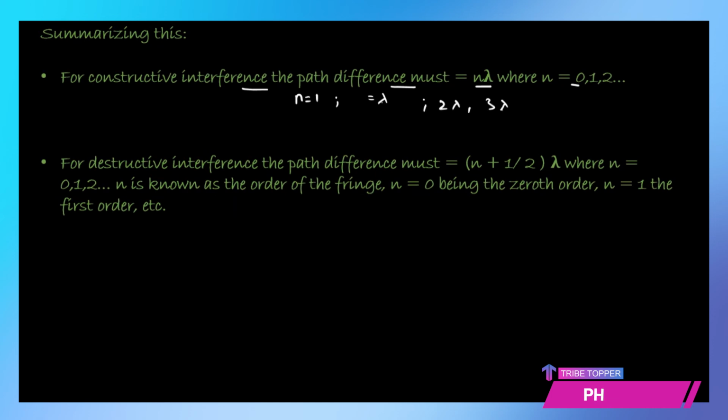And for the dark fringes, that means destructive interference, your path difference must be equal to n plus half times lambda. That has to be an odd integral multiple of lambda by 2.